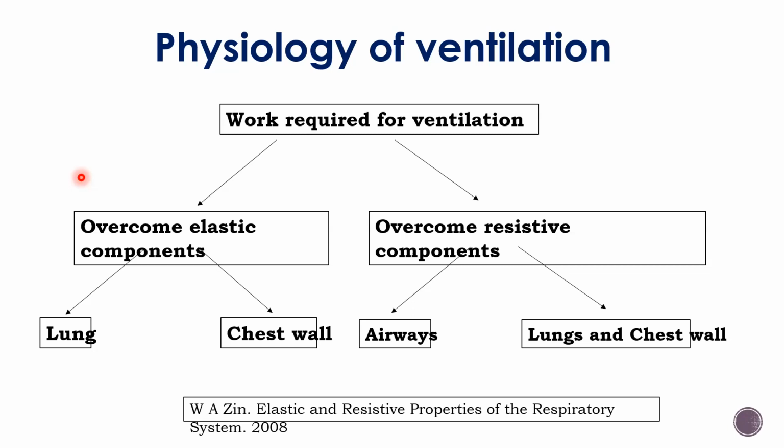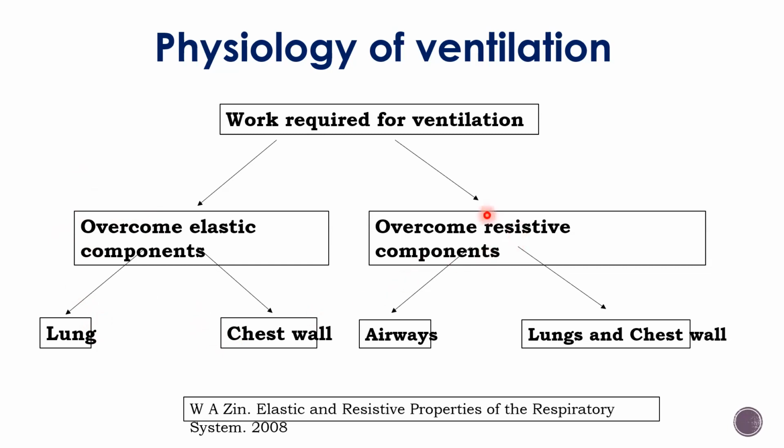That is working against the elastic property of the lung and the chest wall. All right, you understand now? You are giving a certain amount of force to overcome the physical property of the structure, called elasticity, for both the lung and the chest wall. Clear? So to overcome the elastic components of the lung and the chest wall.